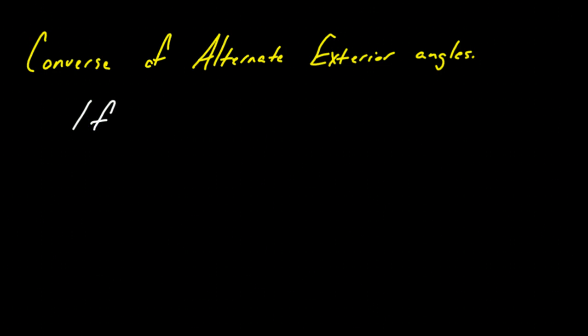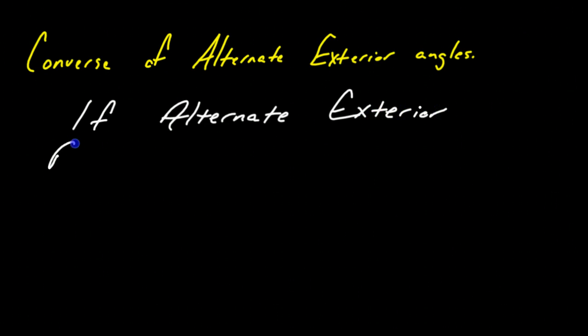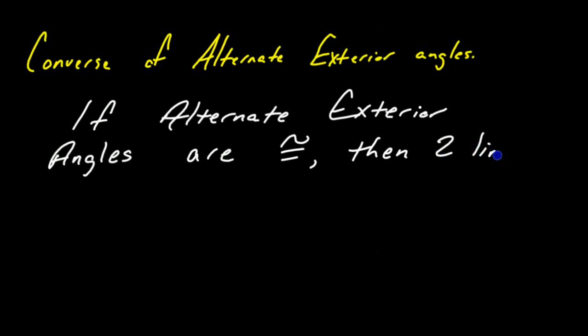This time around, if, and now we're not going to write out if two lines and a transversal form, we're just going to say if alternate exterior angles are congruent, then two lines are parallel.